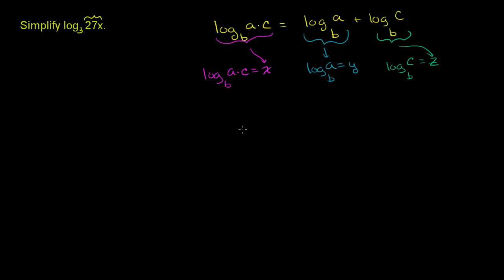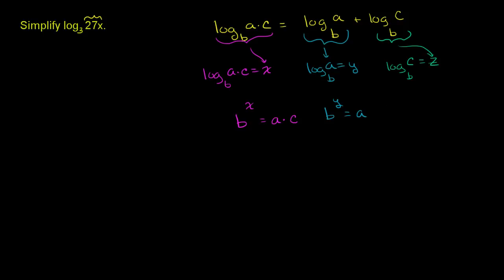Now, this thing right over here tells us that b to the x power is equal to a times c. Now, this right over here is telling us that b to the y power is equal to a. And this over here is telling us that b to the z power is equal to c. Let me do that in that same green.